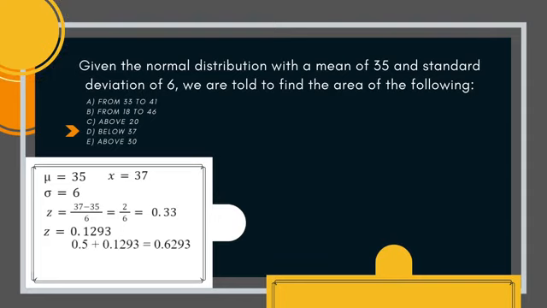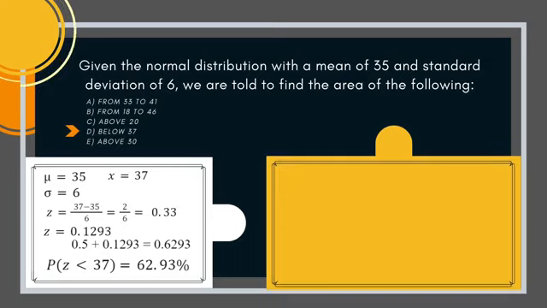So we're going to add 0.5 to completely find the area of the distribution under 37. Combining the z-score and the other 50%, we will get the result of 0.6293, or P(z less than 37) is equals to 62.93% as a percentage of the probability below 37.